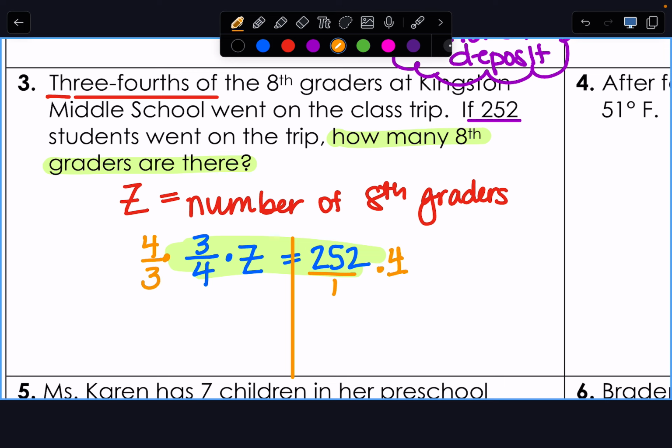The reciprocal is how we undo this. To get Z equals 252 times 4, 1008 over 3. What happens when we divide that by 3?